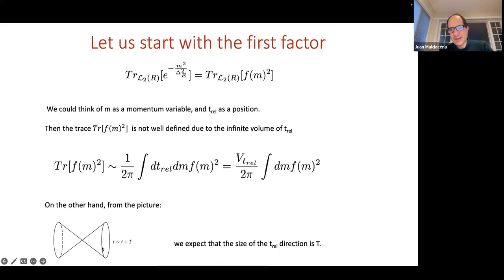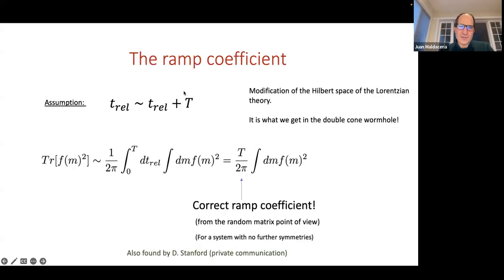In other words, we view the computation not as a trace over the wormhole Hilbert space, but as some modified trace where we change the phase space of this computation so that the relative time is compact. That would be a modification motivated by the geometry of this wormhole. If we modify the phase space in this way, then we get precisely the right factor.